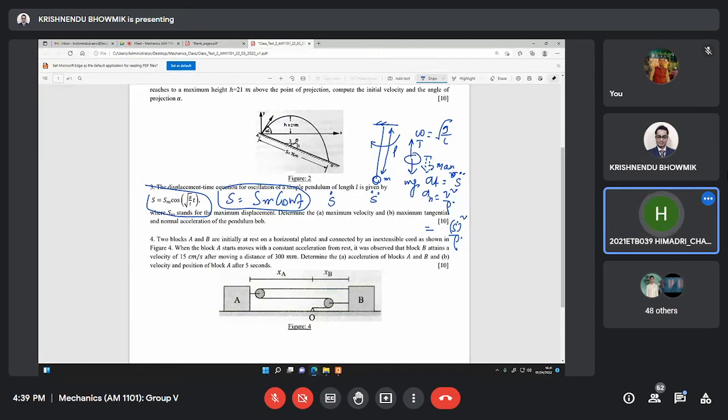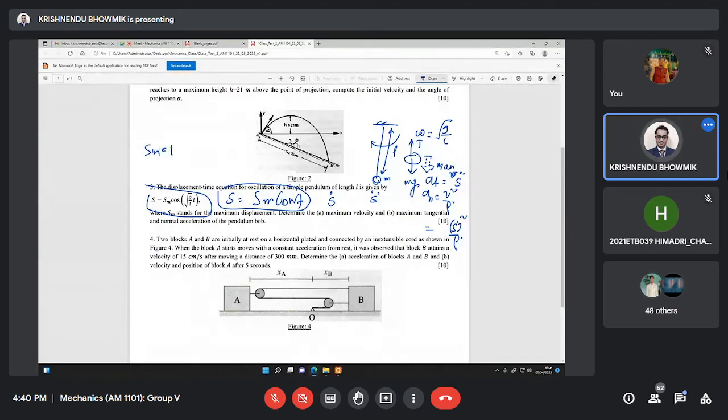From there, we can calculate An max. From where will you get theta max? So Sm can be L theta max.